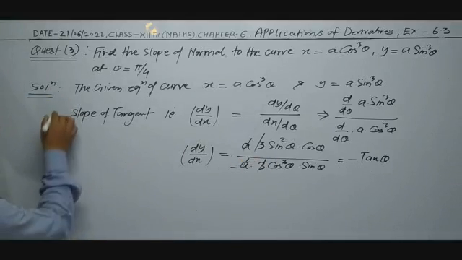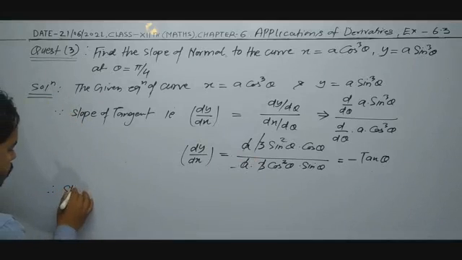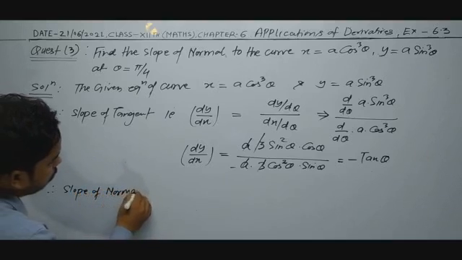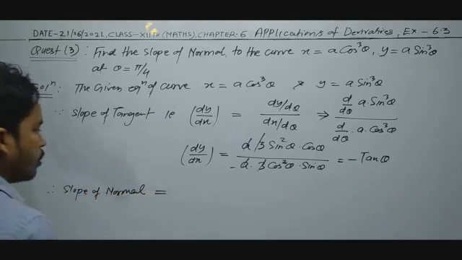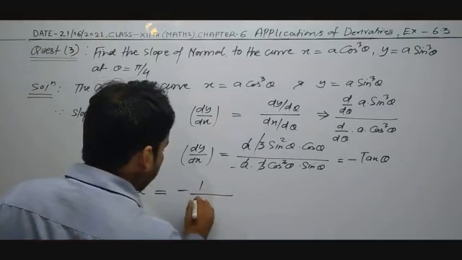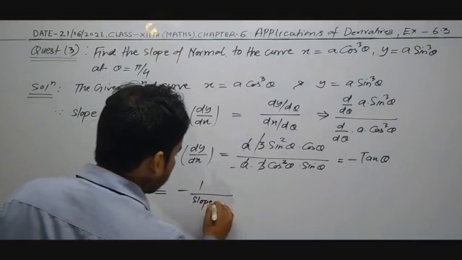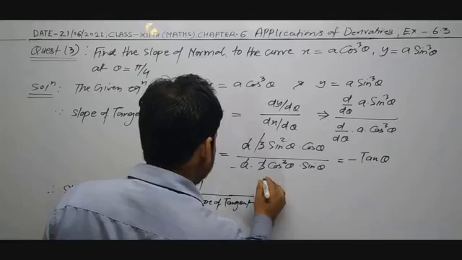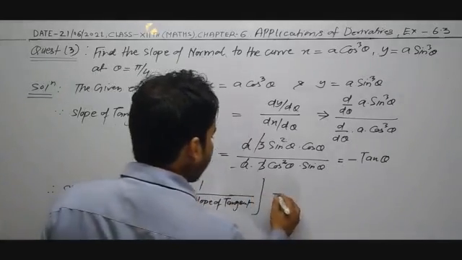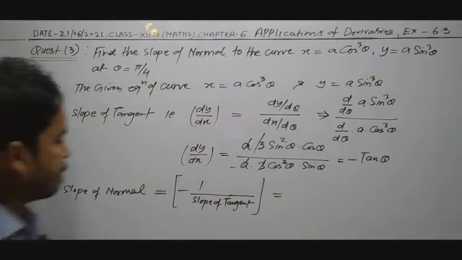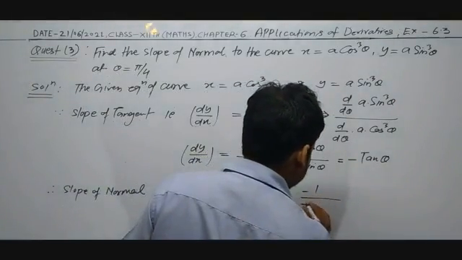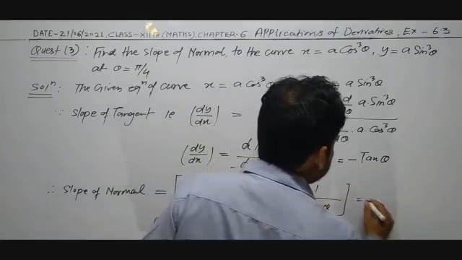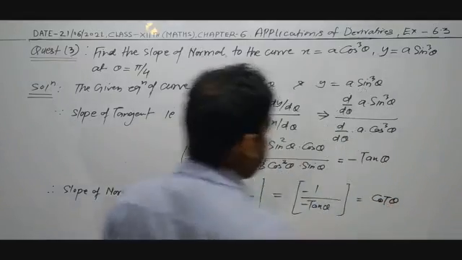So slope of normal is equal to -1 upon the slope of tangent, and its result will be -1 upon minus tan theta. Its result is cot theta.